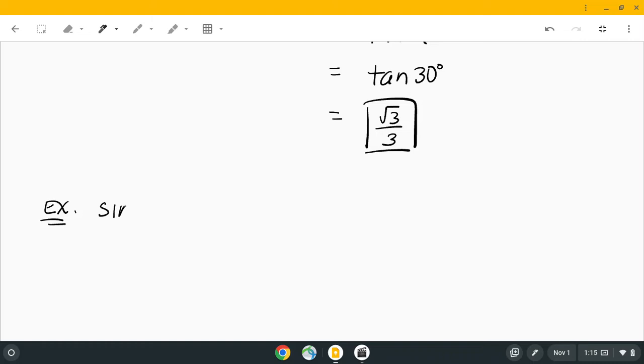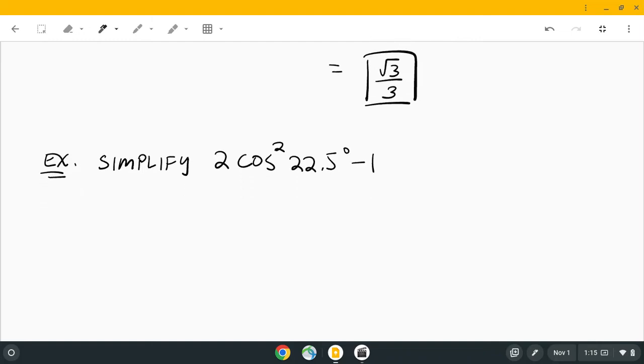Let's simplify 2 cosine squared 22.5 degrees minus 1. Hopefully you recognize this structure.